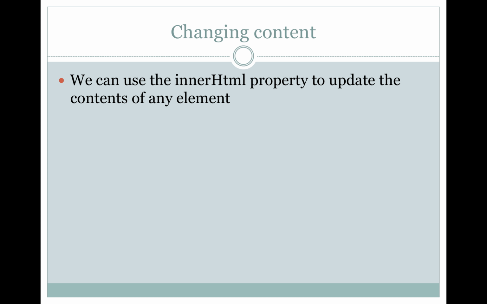We can use either JavaScript's getElementById function, or we can use the jQuery selector to select an element. And then we can modify this innerHTML property. What that allows us to do is replace anything inside of that HTML tag with whatever new content that we supply. And we can do this in two different ways.